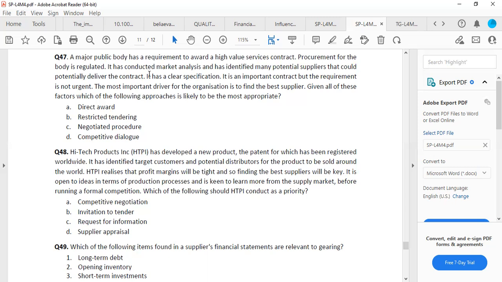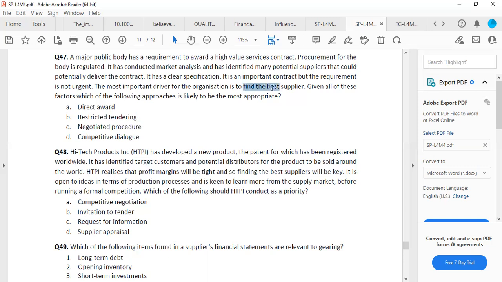Competitive dialogue. Oh, I think restricted tendering. D. Because you've already done the market analysis, they know who have the item they want, the services they want. Yes, their specification is clear. With competitive dialogue, specifications are not usually clear.